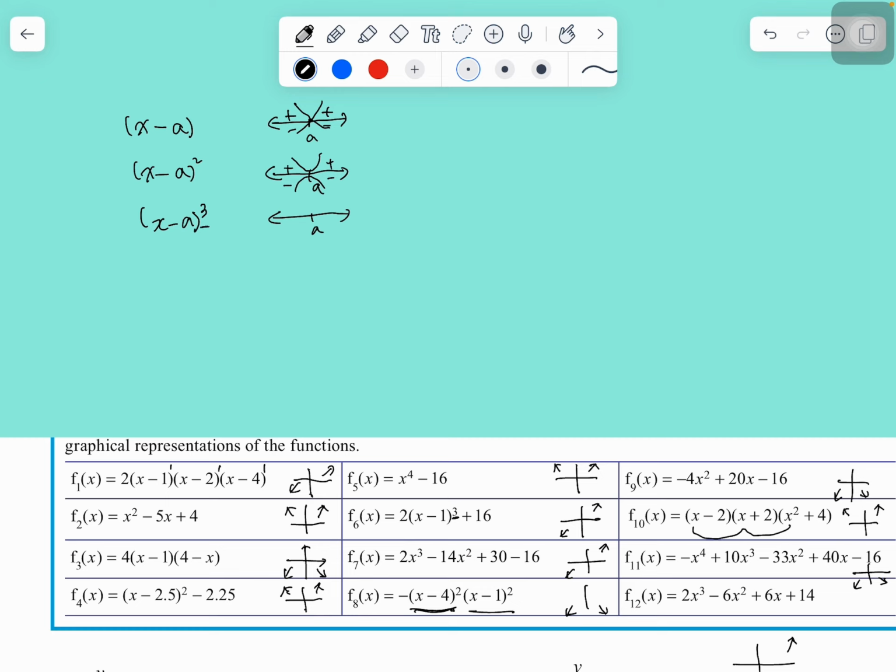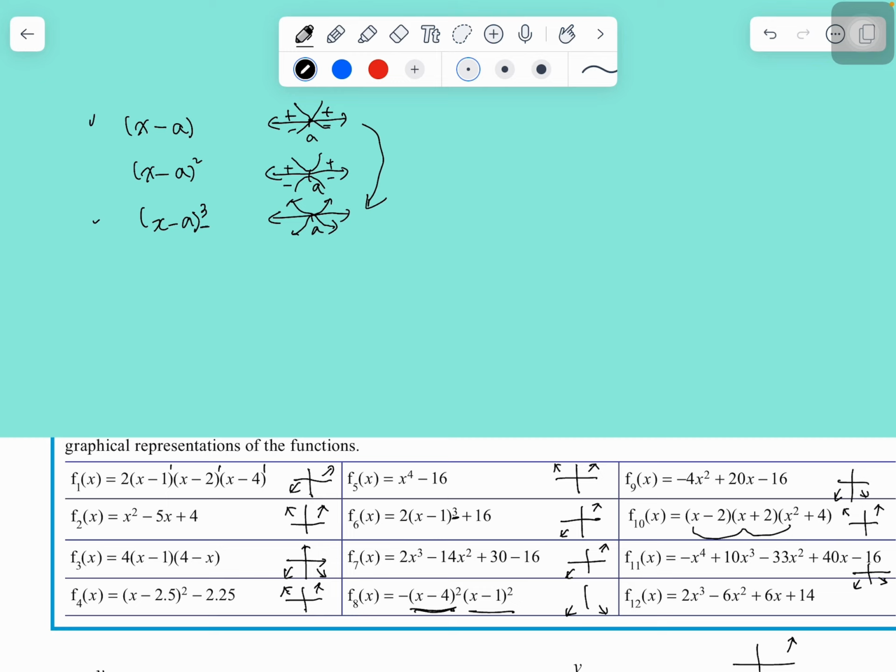And cubed, it changes the sign, but there is a point of inflection. We call it an inflection point, and it changes the curve shape. So a little bit of wiggle there. So it looks like this, but with a little bit of wiggle. So this and this, they change the sign, so we need to cross the x-axis.